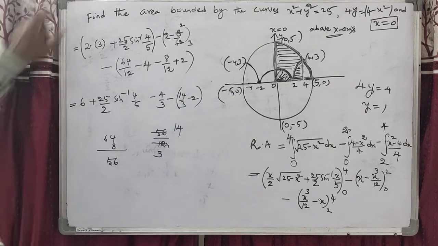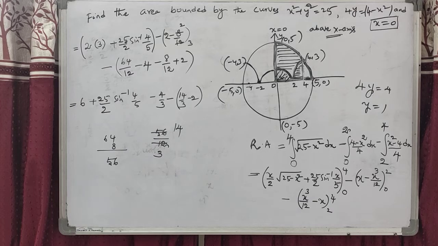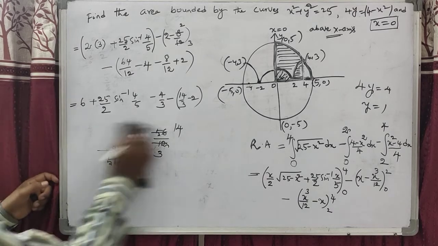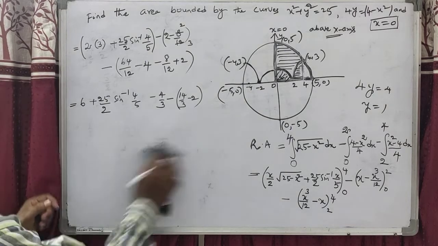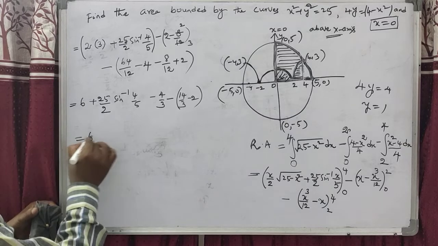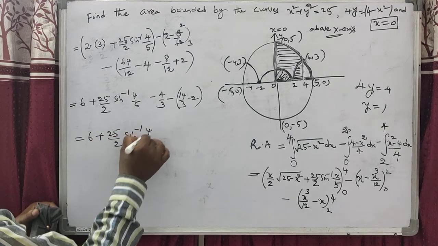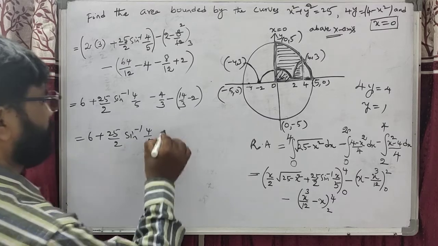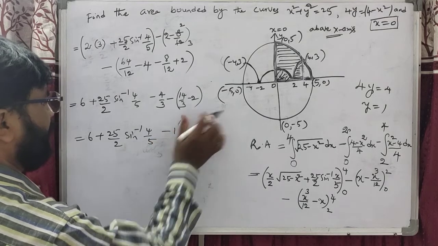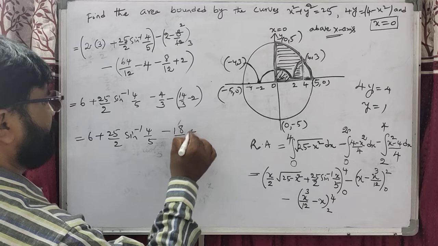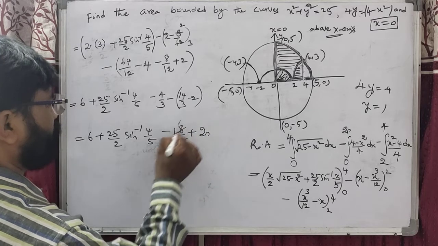Okay, students. Now we can write it as: 6 plus 25 by 2 sine inverse of 4 by 5 minus 18 by 3 minus of minus plus 2.